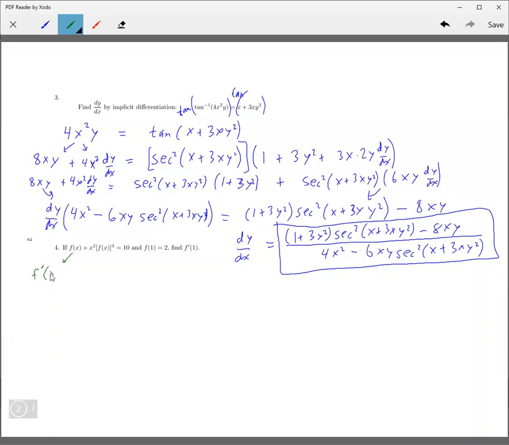So differentiating both sides of the equation with respect to x, the derivative of that is going to be f prime. The derivative of this is product rule, so we have the derivative of the first one times the second one.